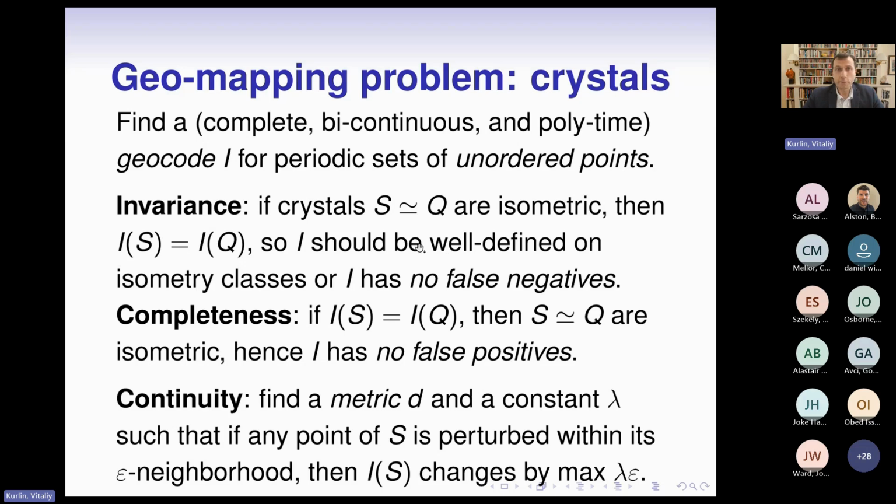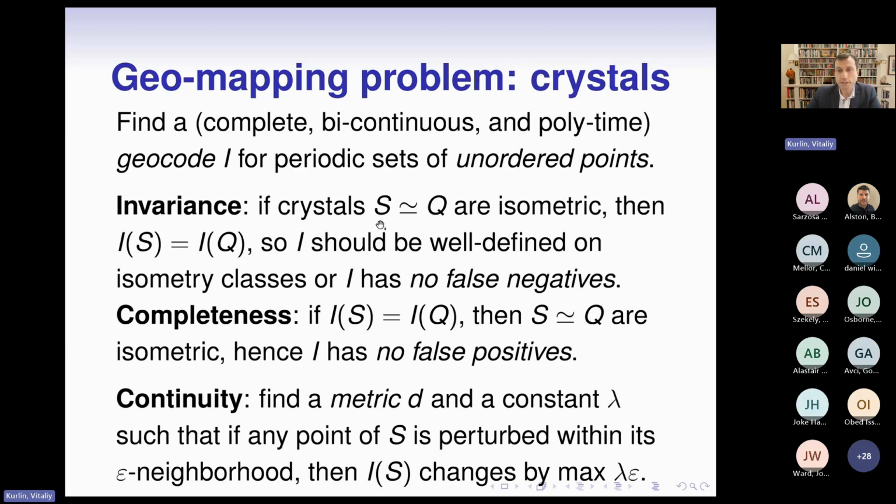For crystals, we would like to construct an analog of a genetic code. We call it briefly geocode, which satisfies the following conditions. So this geocode is ideally a collection of numbers. You will see numbers and maps for these geocodes later, but for a moment you could imagine it as simply a collection of numbers.